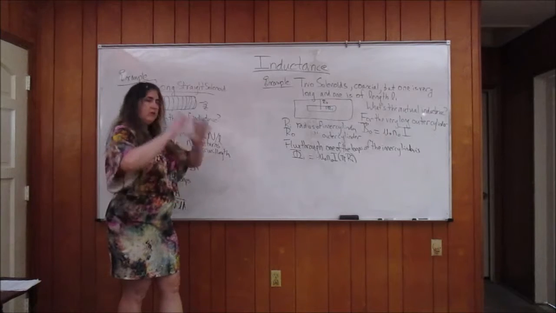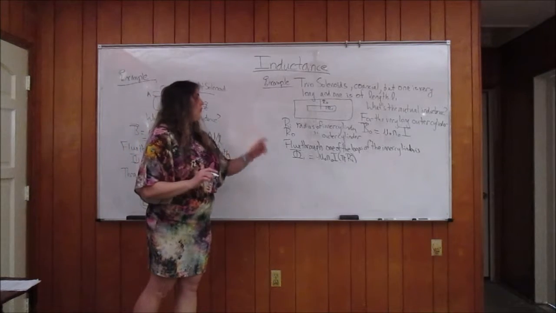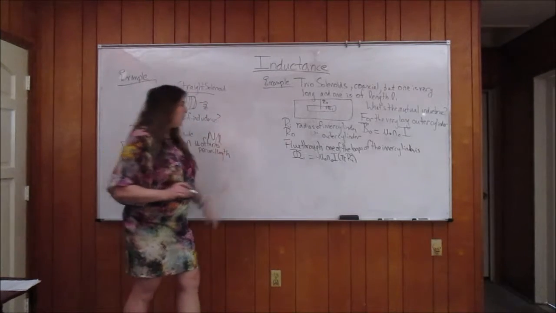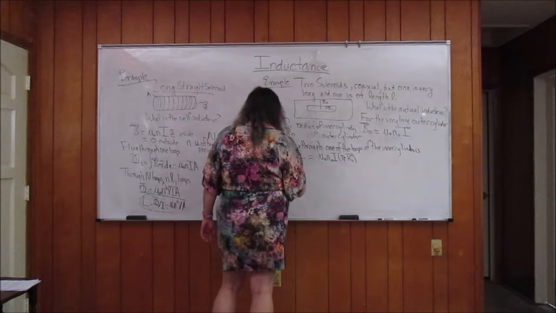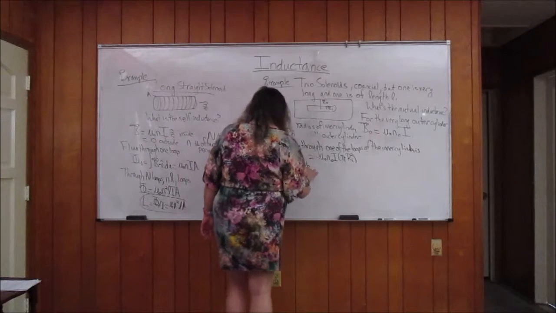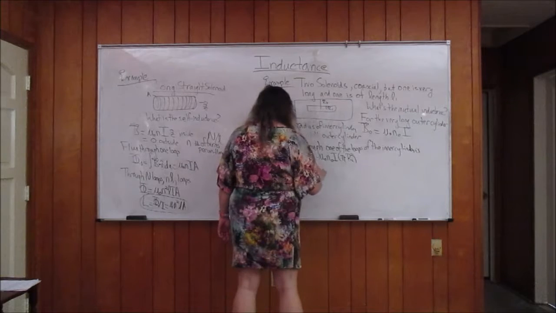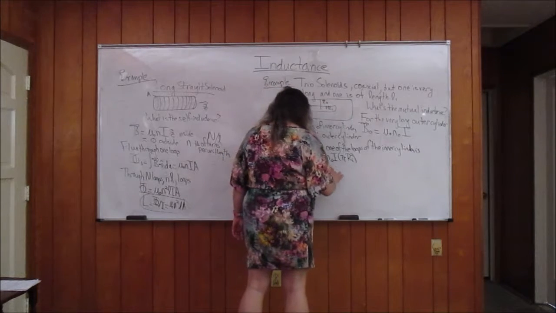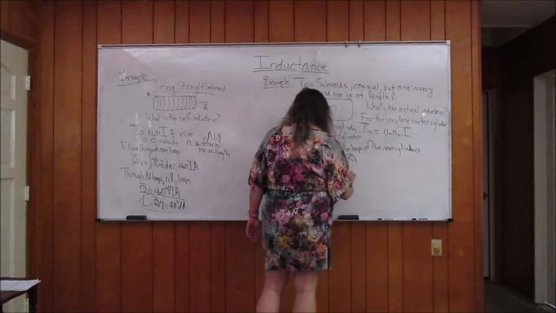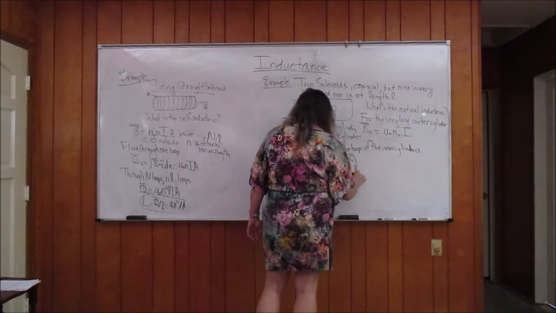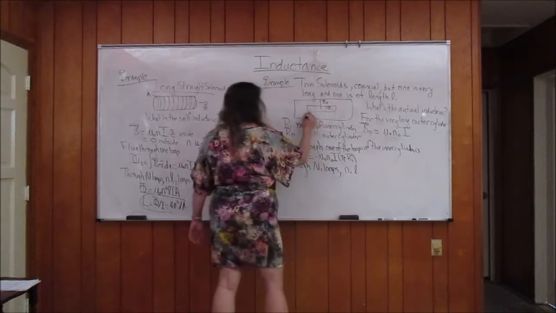Okay? But we don't need to know just the flux through only one loop. We need the flux through the whole solenoid, so through N_i loops, or n_i times the length.